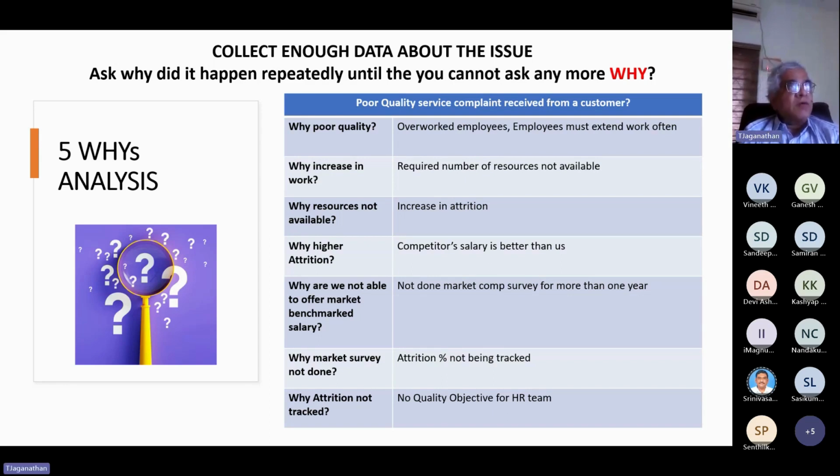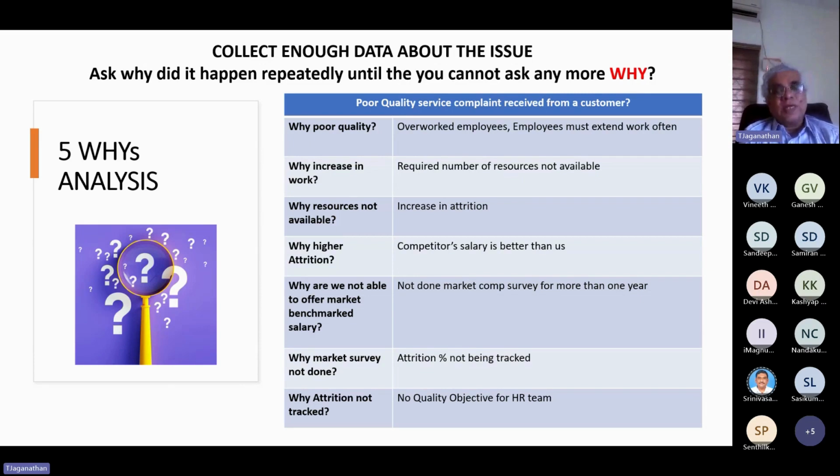Because the required number of resources are not there. The service department head says, for the current load, current volume, number of services I do, I need 5 technicians, whereas I have only 3 technicians.